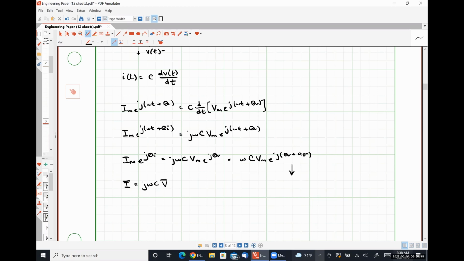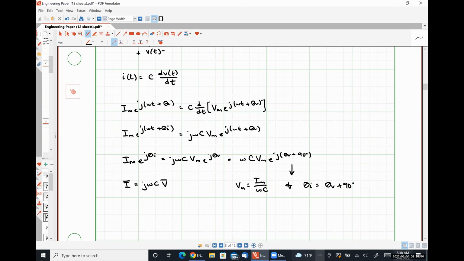And using these relationships, we can see that Vm is equal to Im divided by omega C. And we can see that theta I is equal to theta V plus 90 degrees.